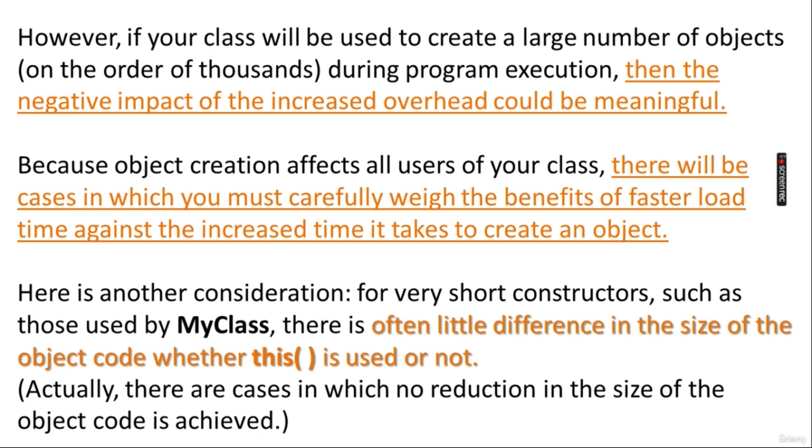There are cases in which no reduction in the size of the object code is actually achieved. We are saying that this reduces your time complexity, but in many cases we cannot tell whether we are using this or not, and whether it is actually saving our time or not.